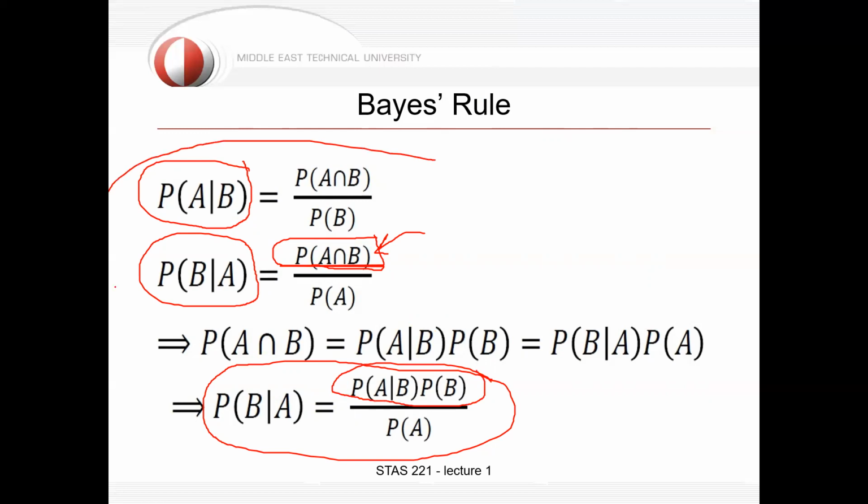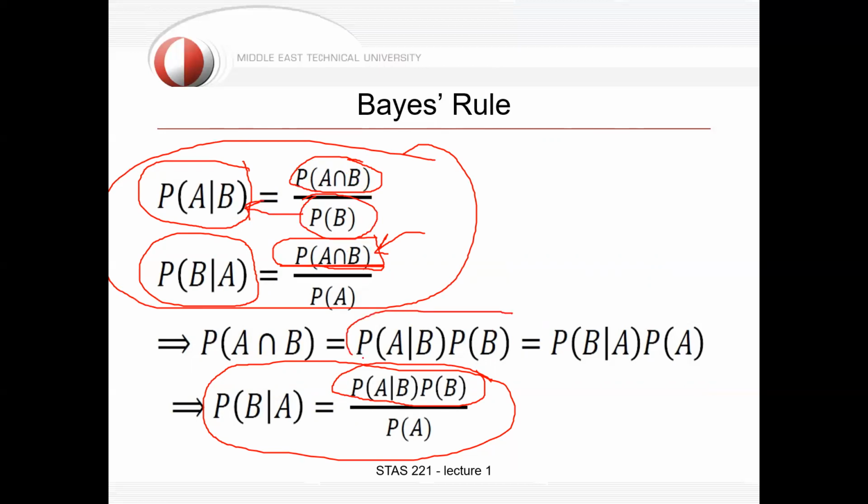So consider these two equations and make them equal with each other through this part. The intersection of A and B are common in both of these formulas, right? So I can say the probability of intersection of A and B is equal to probability of B multiply this one, right?